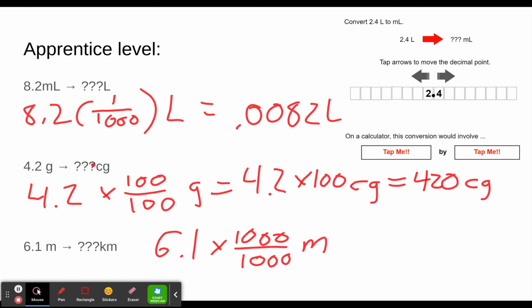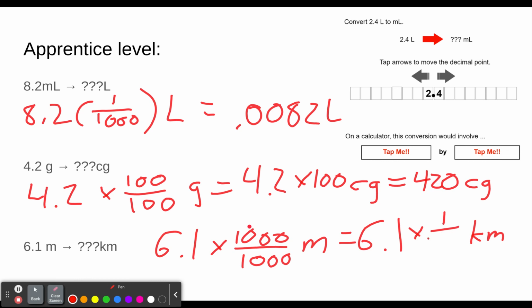And now we're going to take the 1,000 and turn that into the kilo. Okay, so 6.1. The 1,000 in the numerator becomes the kilometer.